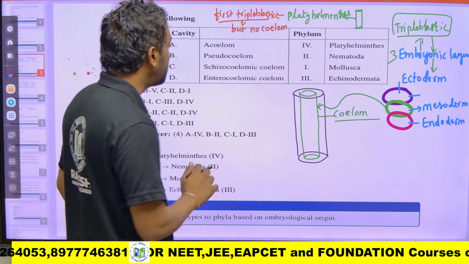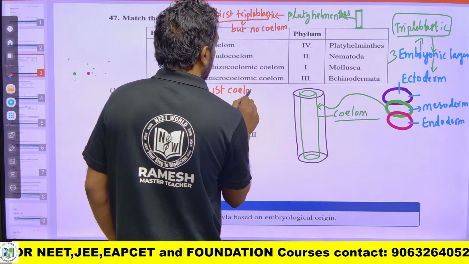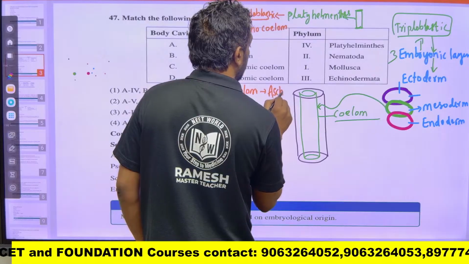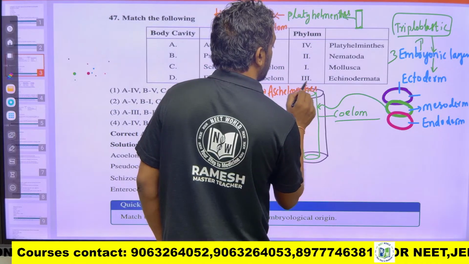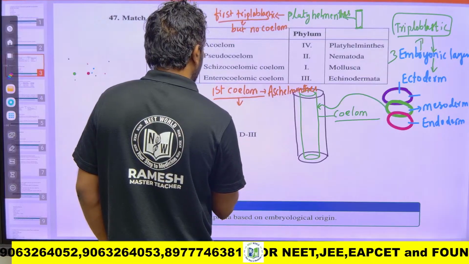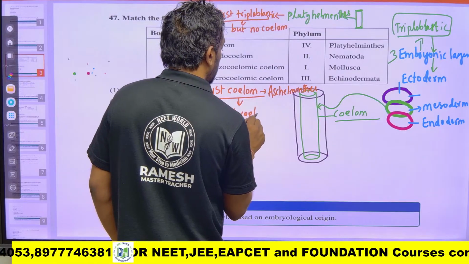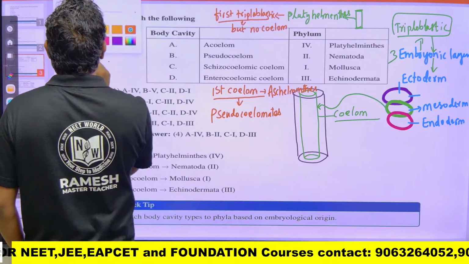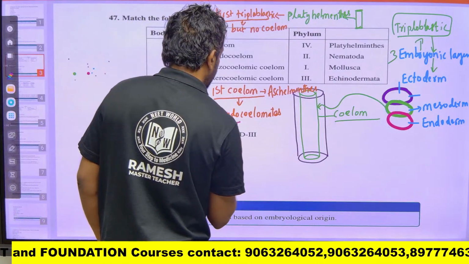First coelom is produced in the Aschelminthes. But Aschelminthes are pseudocoelomates. Pseudo means false.